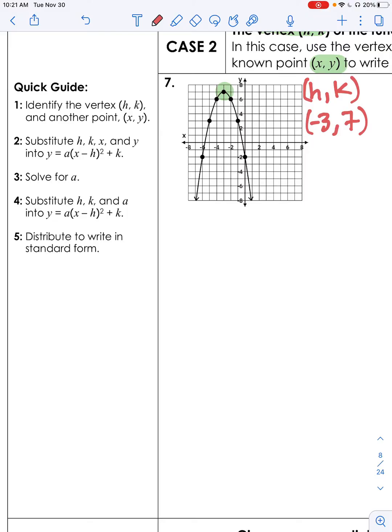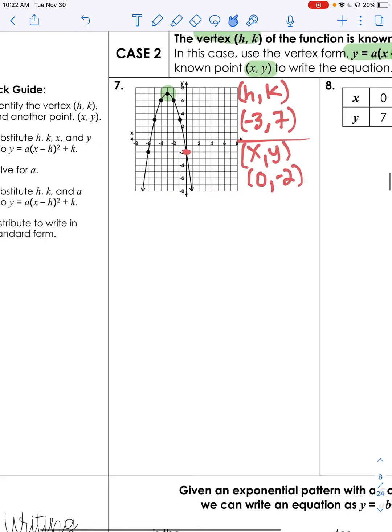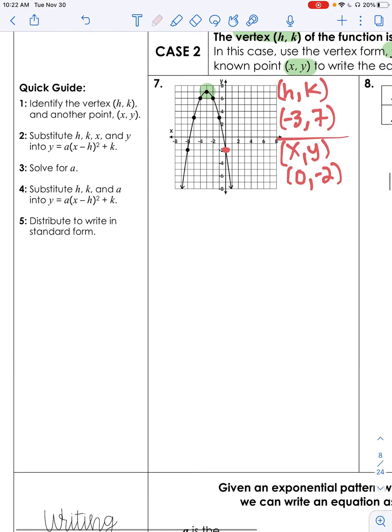Then it says use another point (x, y). So for (x, y), let's just use something with a 0. That'll probably make it easier. (0, -2). But you can use any (x, y) point. All right, so that's our step 1.